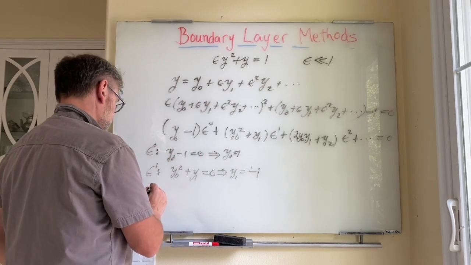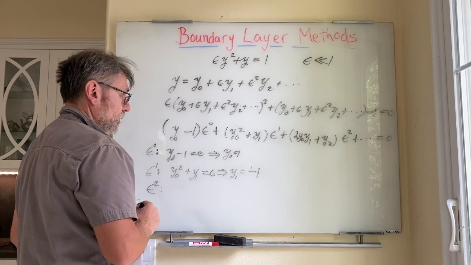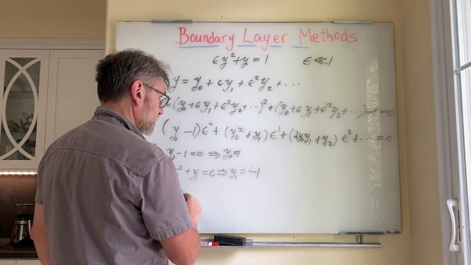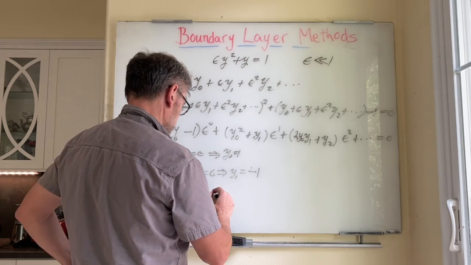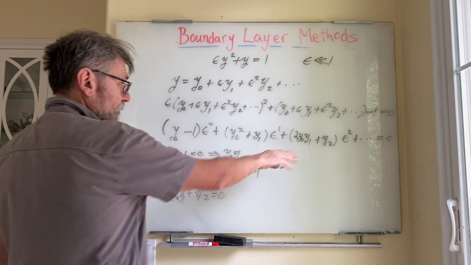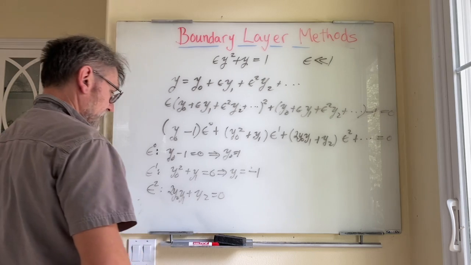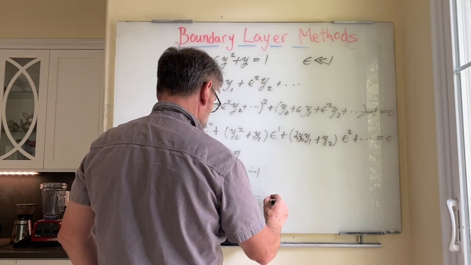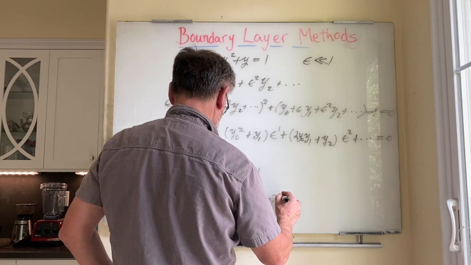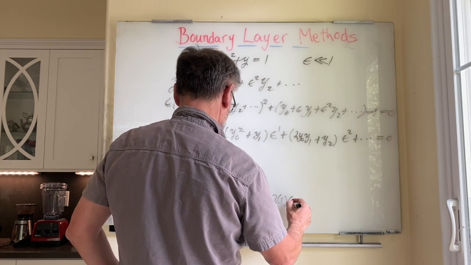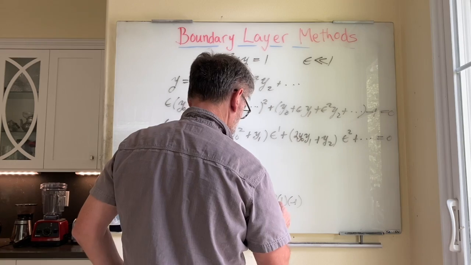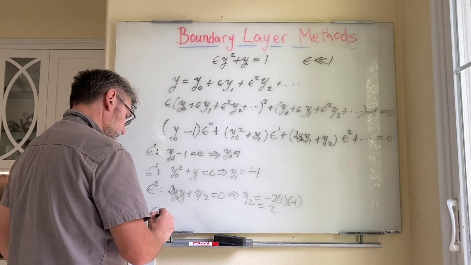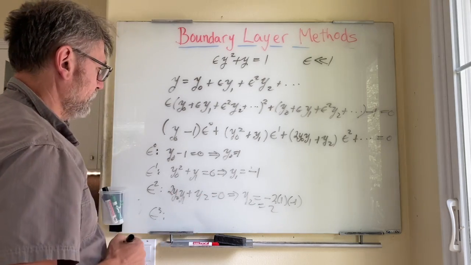Then going to the next power, epsilon squared, what we find is that 2 y naught y1 plus y2 is equal to 0. This coefficient has to go to 0. And that means that y2 is equal to minus 2 times 1 times minus 1, which is equal to 2. And we can keep going forever, getting the epsilon cubed terms, and so on.